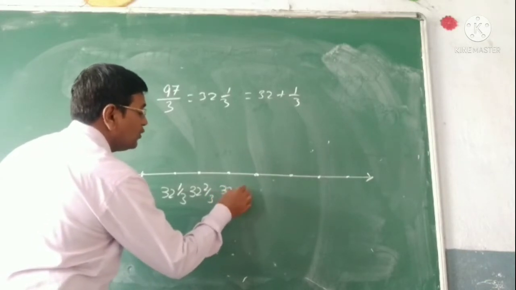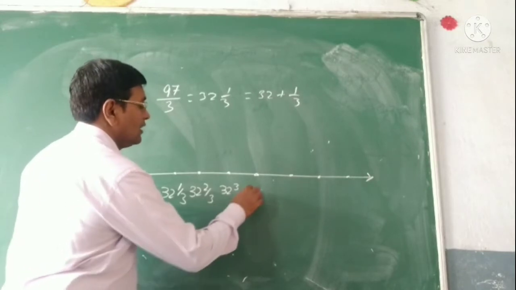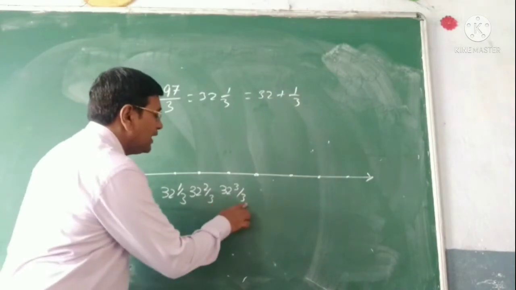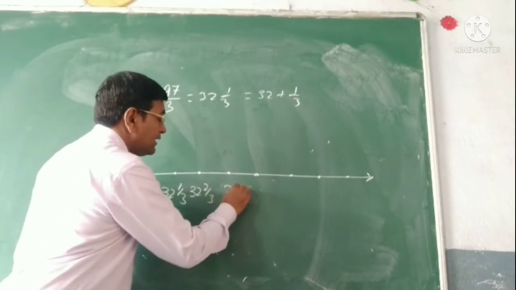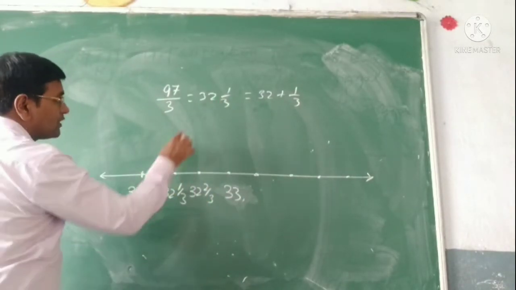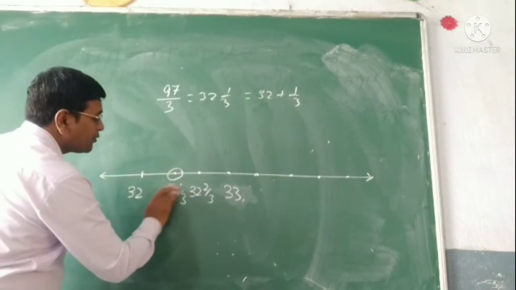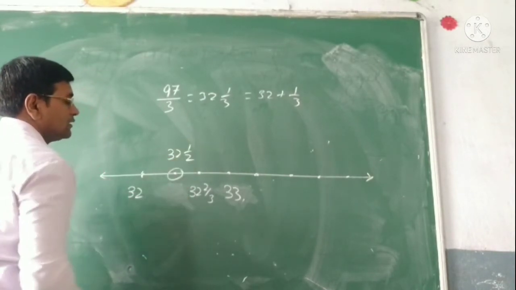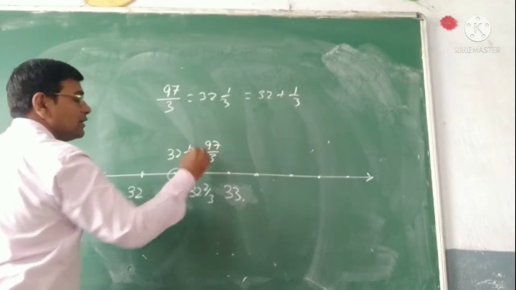This point 32 whole 3 by 3. And this point, 32 whole 3 by 3 means what? 32 and 1. It is 33. So, your answer is here. 32 whole 1 by 3. This point will represent 32 whole 1 by 3. Or you can say 97 by 3.